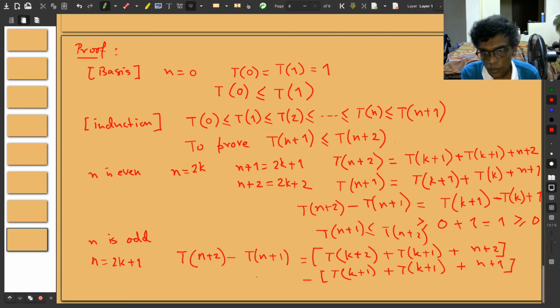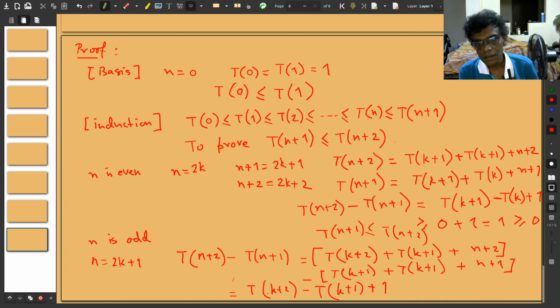I will have Tk plus 2 minus Tk plus 1 plus 1, and Tk plus 1 is less than or equal to Tk plus 2 by the strong assumption, somewhere near the center.